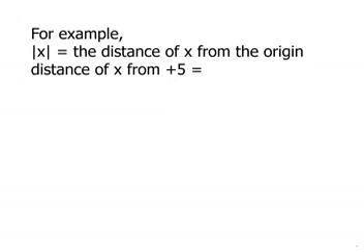What if we want the distance from x equals plus 5? Well, of course, the classic operation for finding distance on the number line is subtraction. So we're going to subtract and then take the absolute value of the difference: the absolute value of x minus 5. And of course, this works with numbers, if we think about it, because if we plug in 7, 7 is a distance of 2.